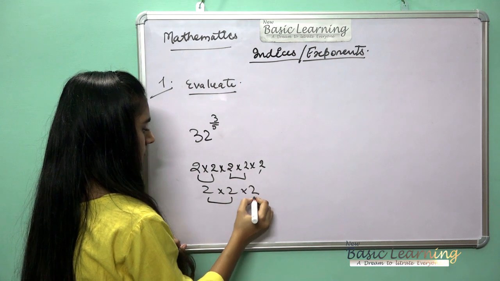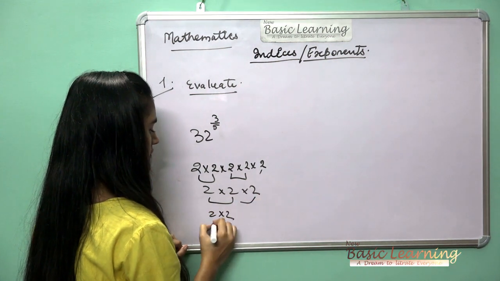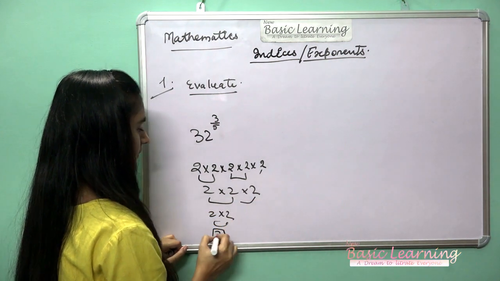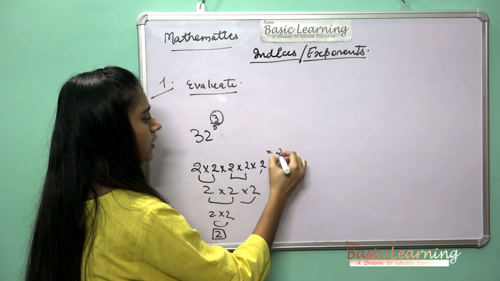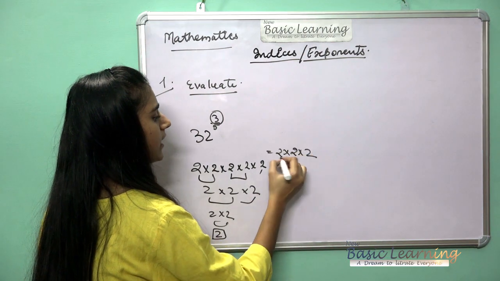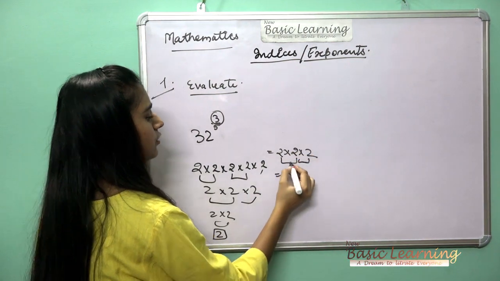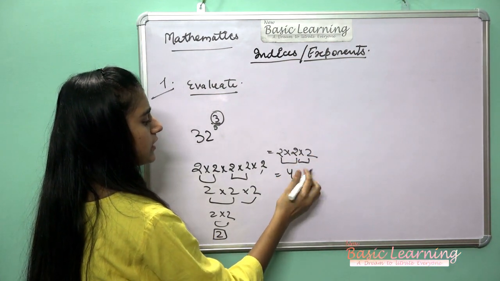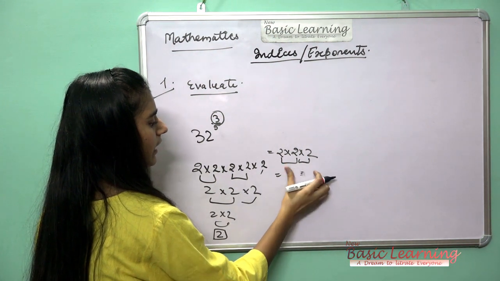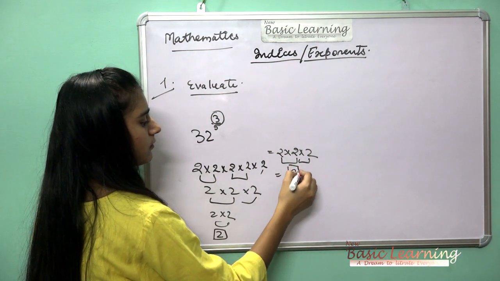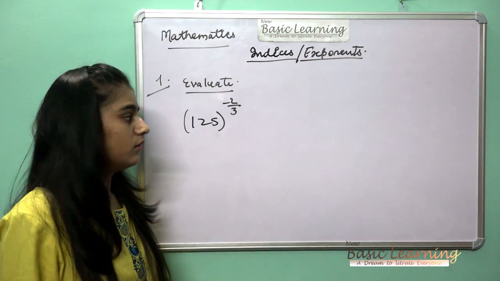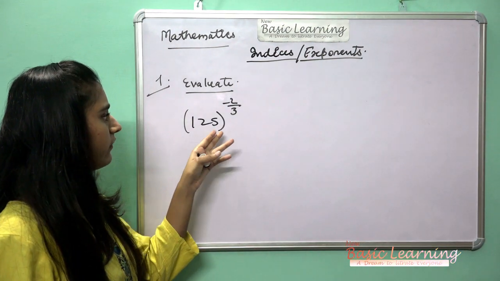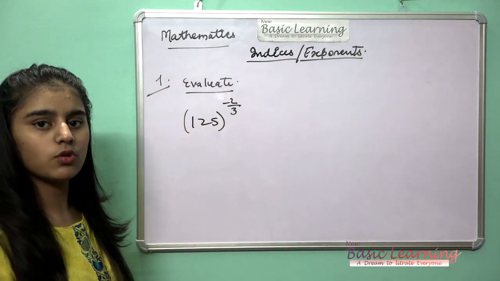Now 2 into 2 and 2, we are left with 2, and multiply 3 times. When we do 2 3 times, we get 2 2s are 4 and 4 2s are 8. This is the answer.